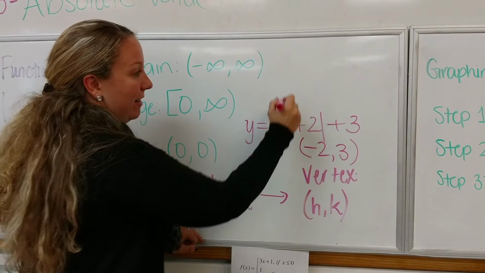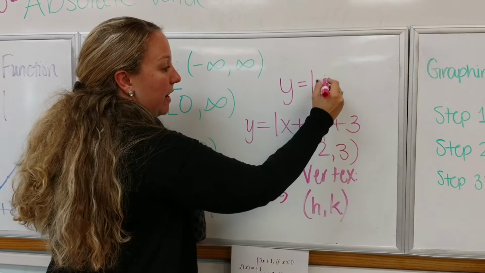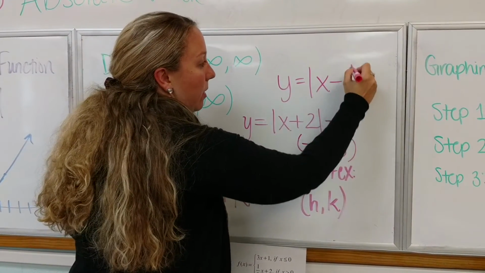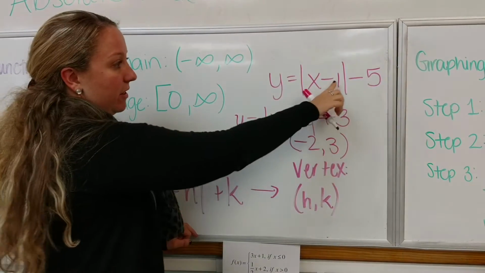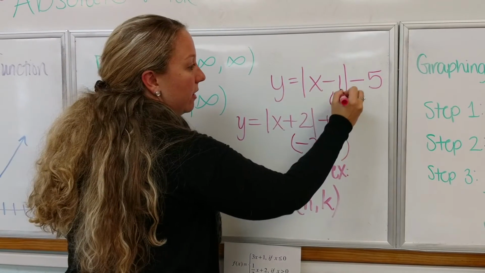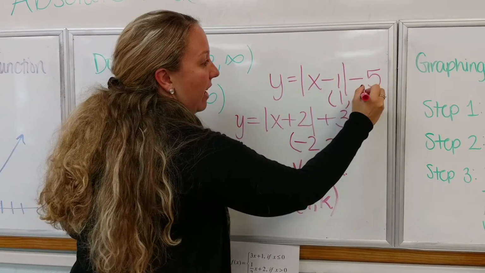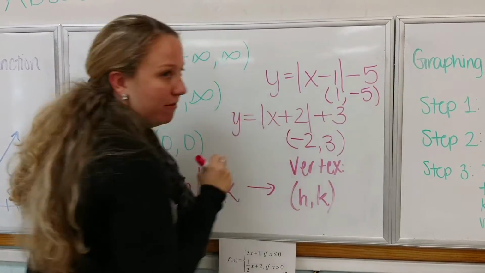Whereas if you had y equals the absolute value of x minus 1, minus 5, here you have -1, so your vertex is 1, but this is a -5, so that point's -5.